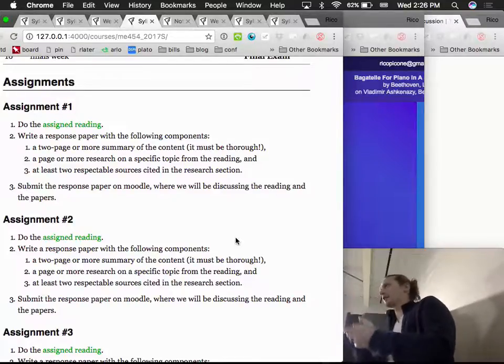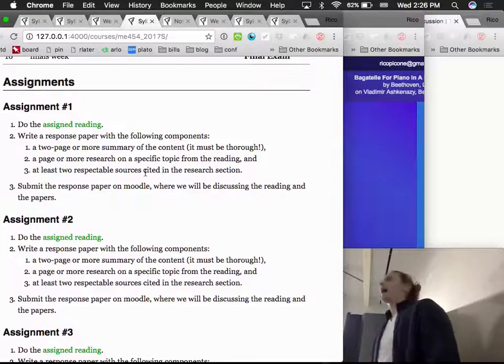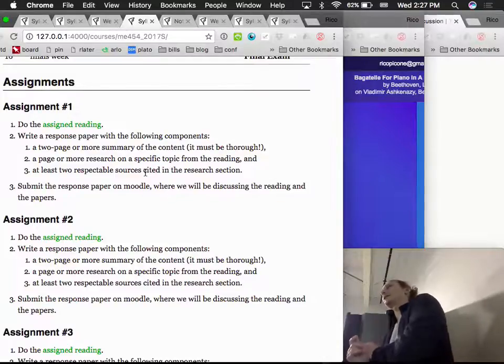It was only a little discussion in the primer book. So you would go find 2 respectable sources. They don't have to be academic articles. They could be textbooks. They could be websites that are good and have good information on them. There aren't a lot of websites that have good technical information, but there are some. So I am open to that if it's a good source. And then write up a description of what you learned about it and cite those sources.